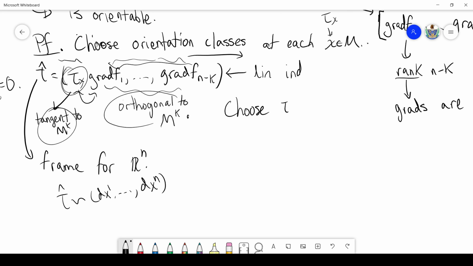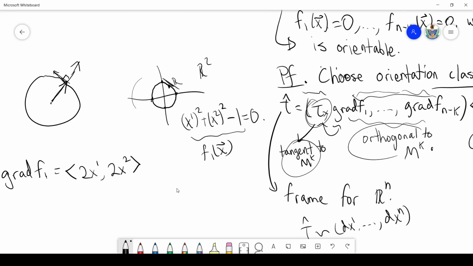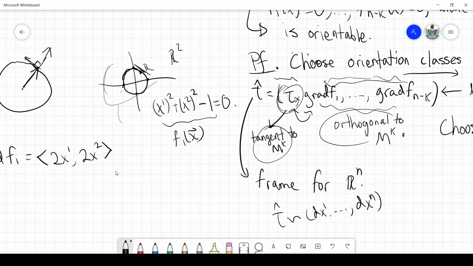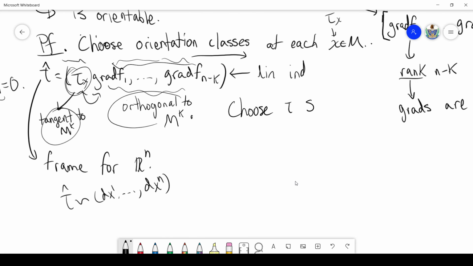Well, this standard orientation is clearly continuous on R^n, and so if we restrict to our surface, it's going to be continuous along that surface. So we just choose tau such that tau hat is in the same orientation class as the orientation on R^n.